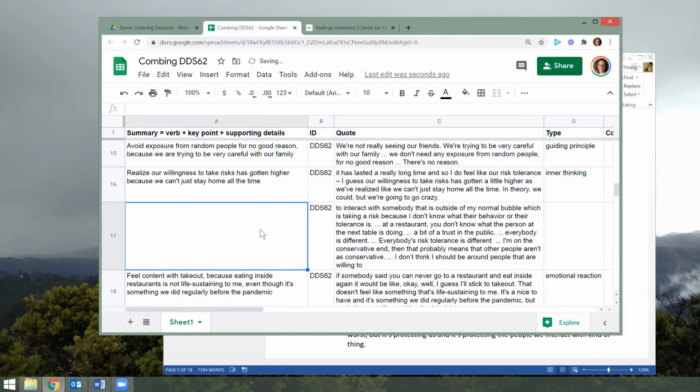Right. So how do we summarize this? I think it might be a guiding principle, but let's think about some verbs here. So take risk, trust, interact. I don't think that's a verb that we want to use. Maybe avoid.